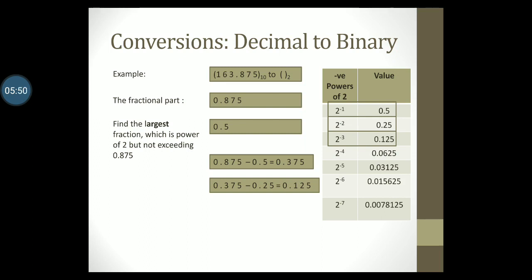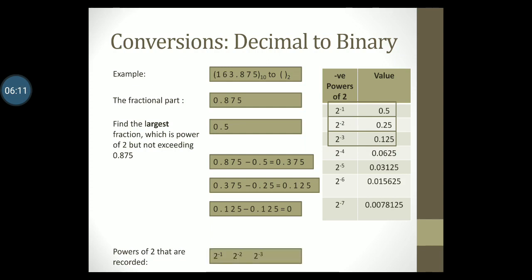So we record it. Find the difference between 0.125 and 0.125, which will result in 0. Since the difference is 0, we stop. The powers of 2 that are recorded here are 2 raised to minus 1, 2 raised to minus 2 and 2 raised to minus 3.